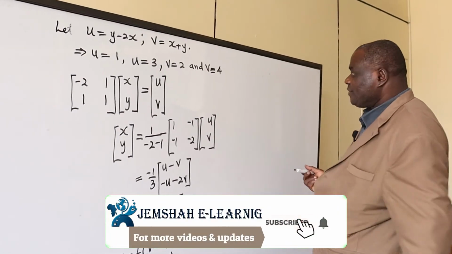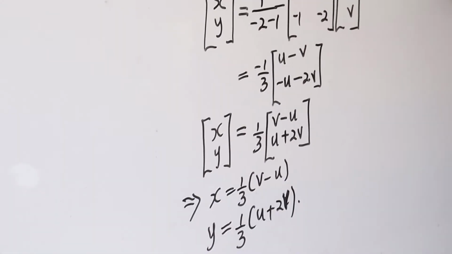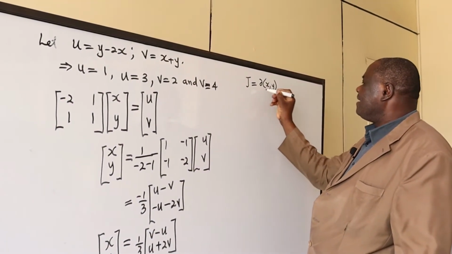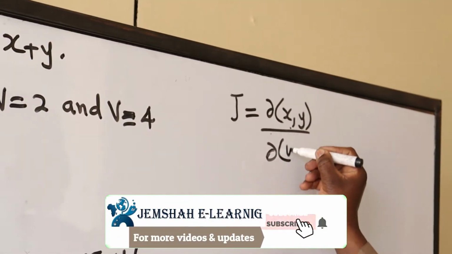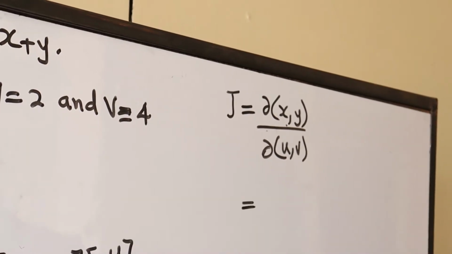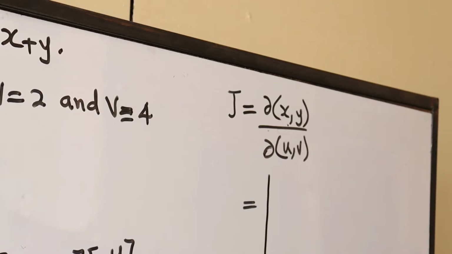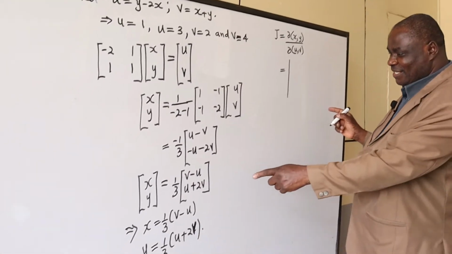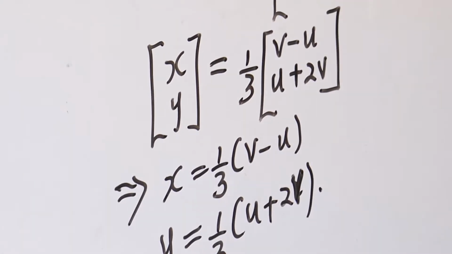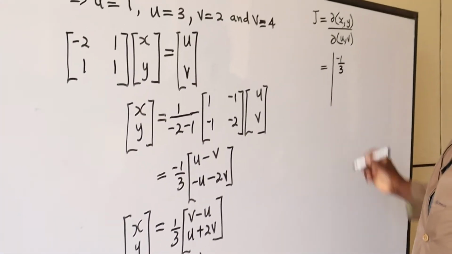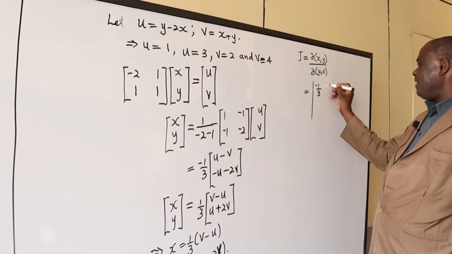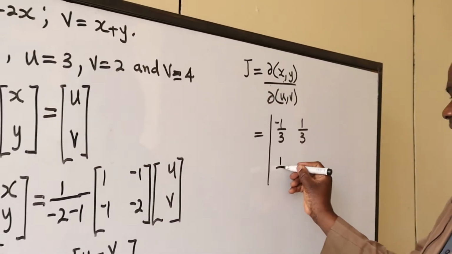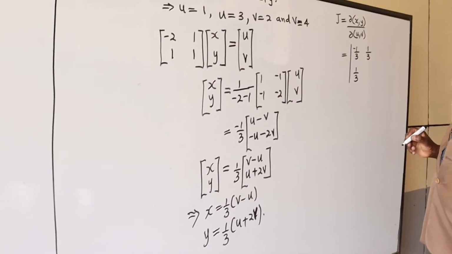Now from this, we can get the Jacobian. The Jacobian will be equal to dxy over duv, which will be equal to the determinant of x and y in terms of u and v. Now, dx/du is minus a third. dx/dv is positive a third. dy/du is a third.